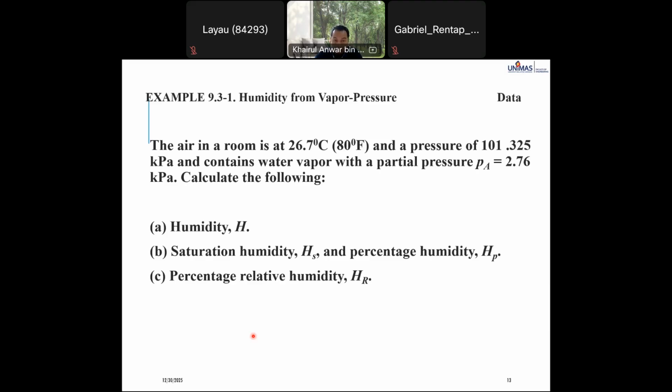Calculate the following: humidity, saturation humidity, percentage humidity, and relative humidity.